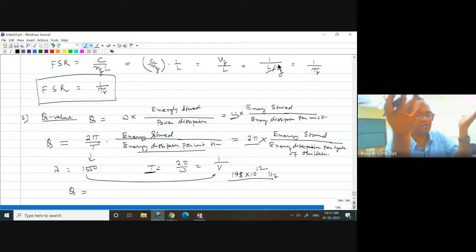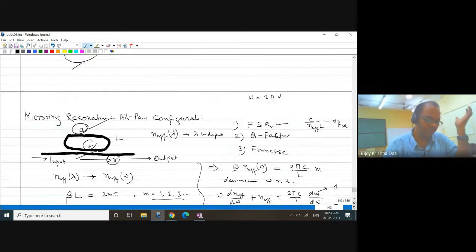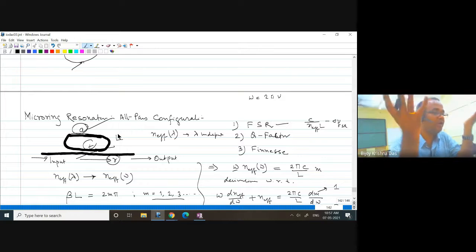There will be a loss factor as light goes around. When I'm designing a device, I will know the design, maybe the loss, the length, and how much it is coupling. All this I will know, or I can estimate, calculate, or measure.